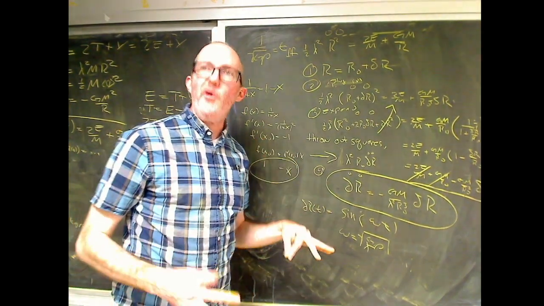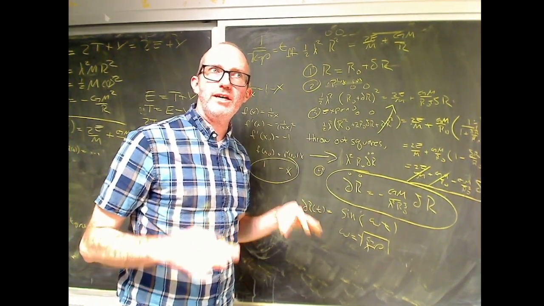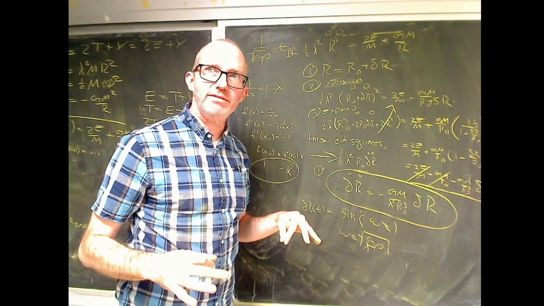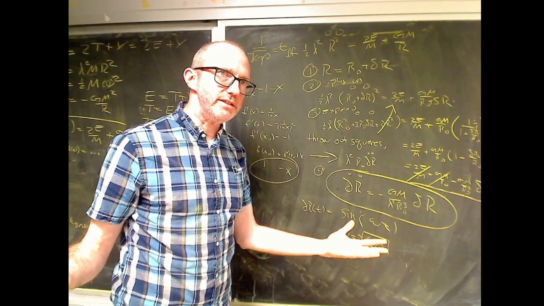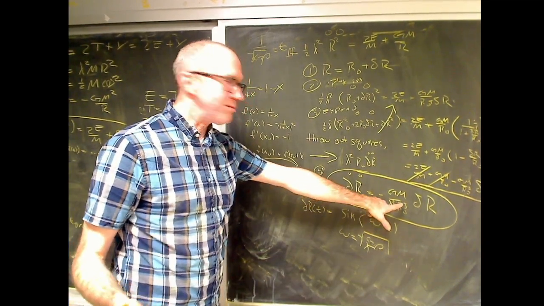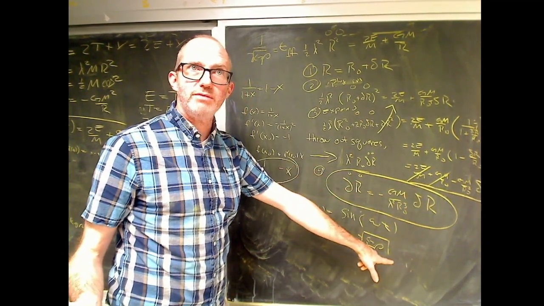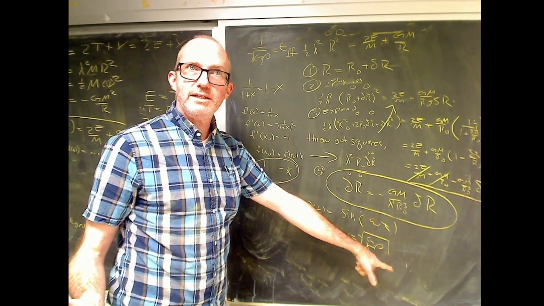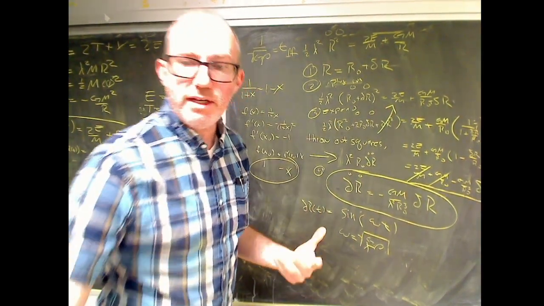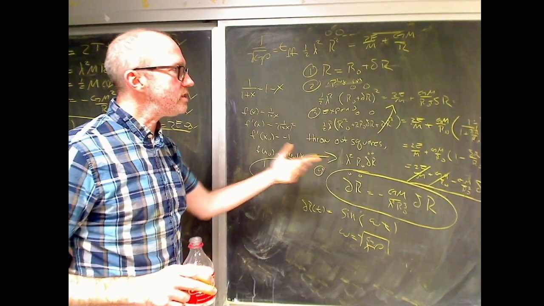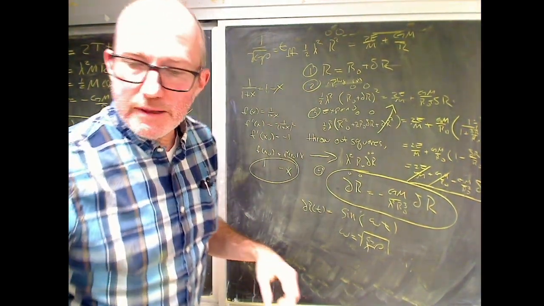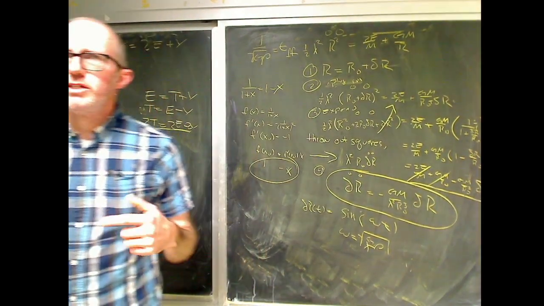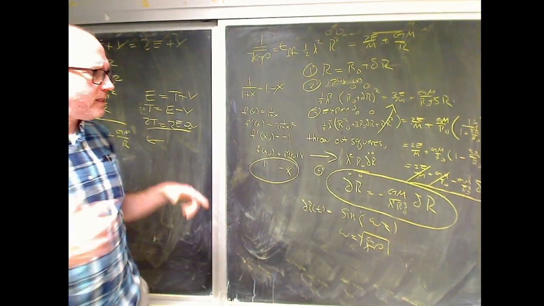I know that because I'm turning these into linear equations. So I know I'm going to get something that looks like this, and I'm going to be able to solve it with sines and cosines. Which is what the beauty in perturbation theory is. It takes these complicated equations and turns them into sines and cosines. Okay, does anybody have any questions about that?